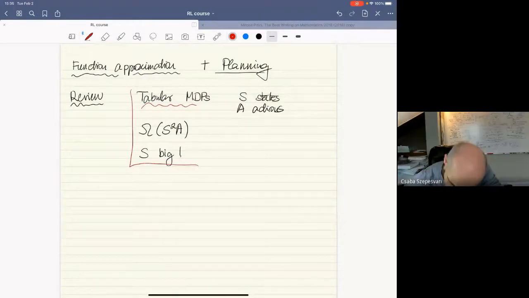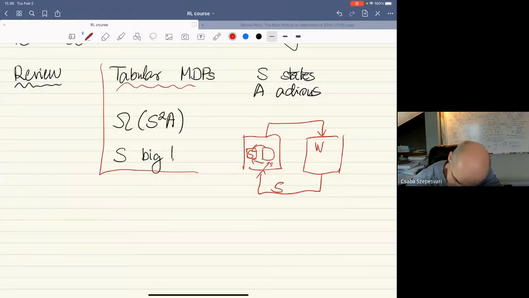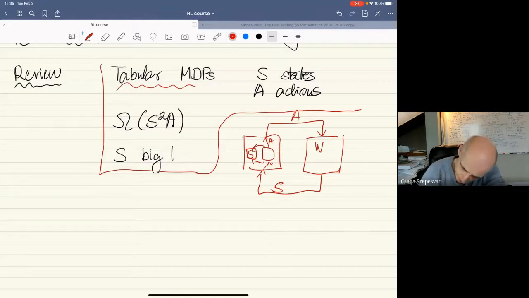And if you want to use the planner in a closed loop fashion, which is mostly what you want to do, so there's this little planner here. This is the real world, and the planner has access to a simulator. Then the only thing that you need is that a state comes in, goes into the planner, and then for that state, you want to get an action that you can send then to the world. Okay, so this is your planner.